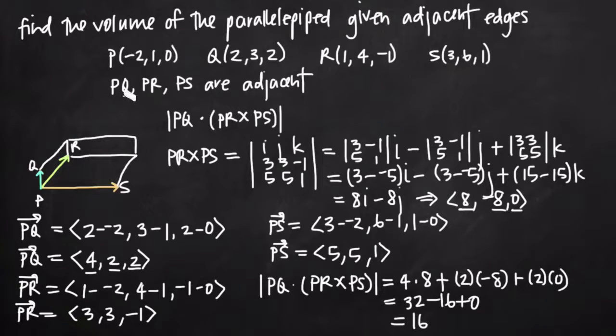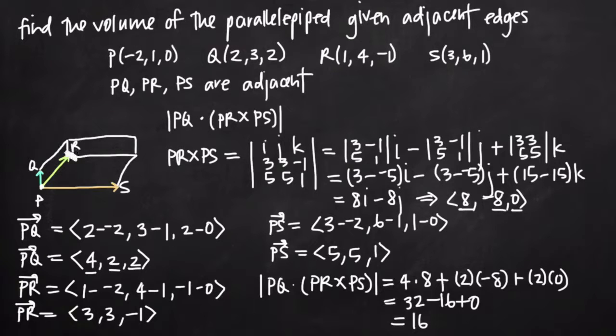when PQ, PR, and PS are 3 adjacent edges, 3 edges that touch at a corner of our 3-dimensional parallelepiped figure. One thing to remember also is that if you get a result of 0 for the scalar triple product, that means the volume is equal to 0, which means that we don't have a 3-dimensional figure, we have a 2-dimensional figure that has no volume.